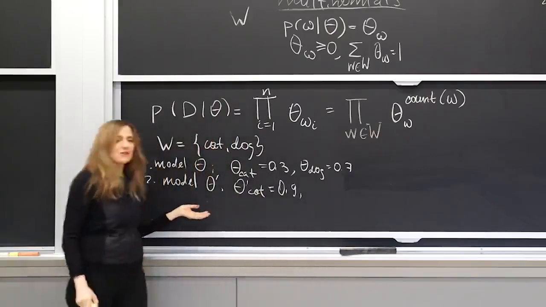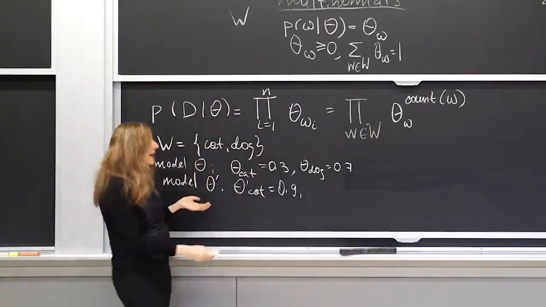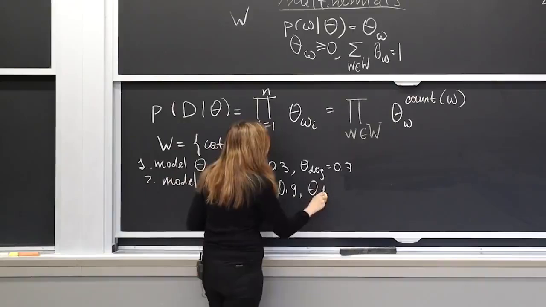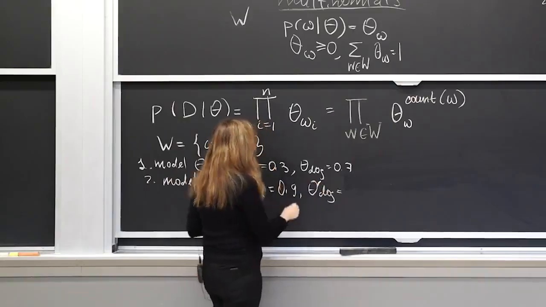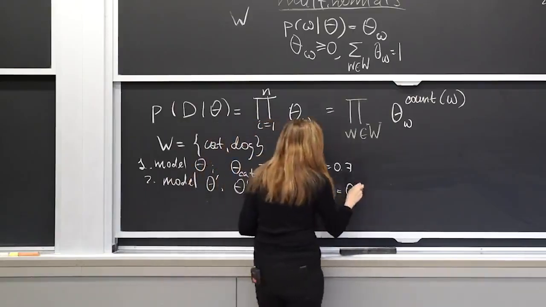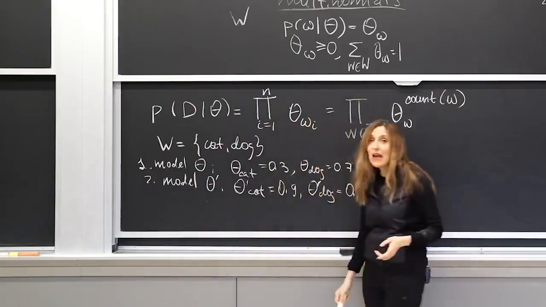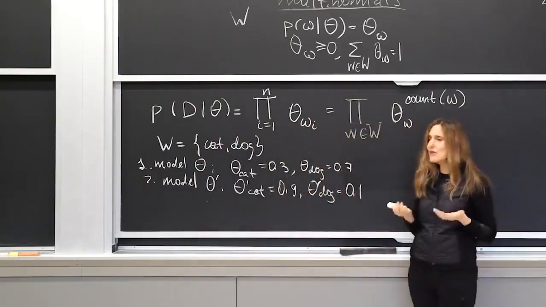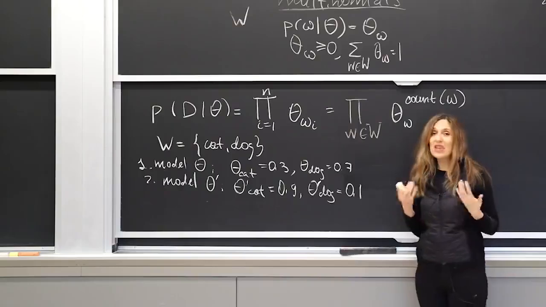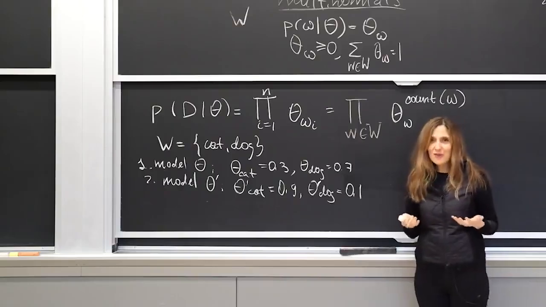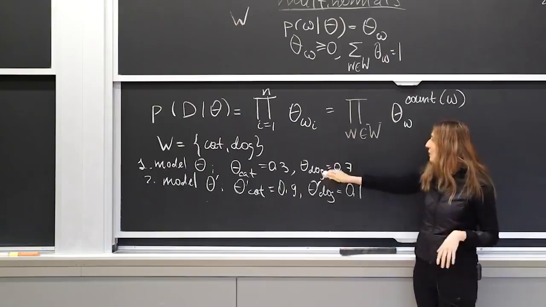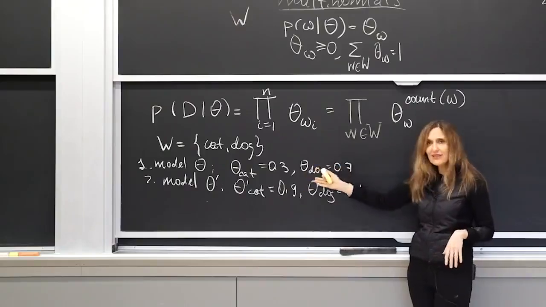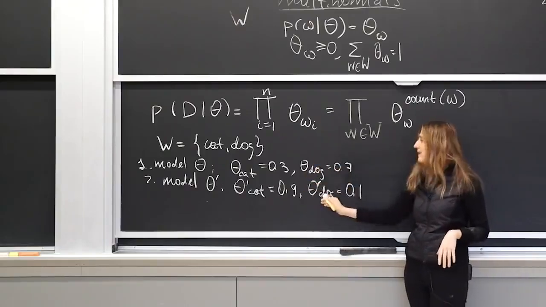So you can see this model really strongly prefers cats. And then for the dog, again, because they have to sum to 1, it's going to be 0.1. Okay? So we have 2 models, and as you can expect, they will be generating different types of documents. This model would love dog style of documents, and this one is a cat model.